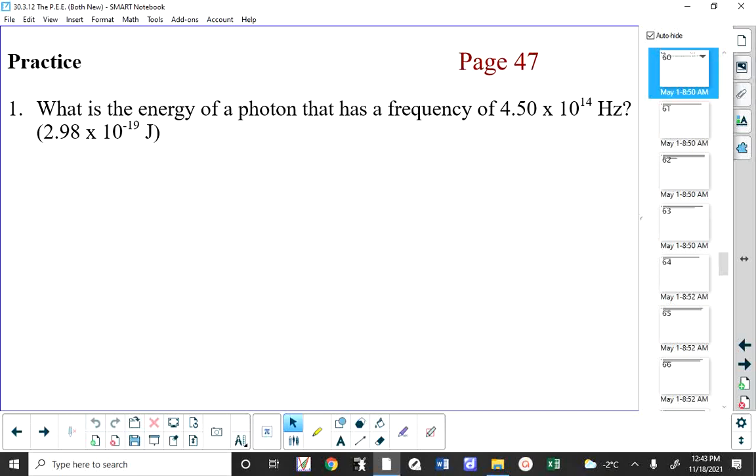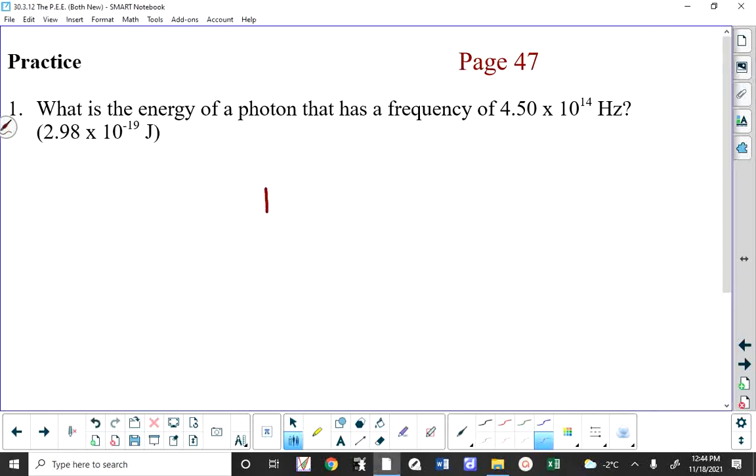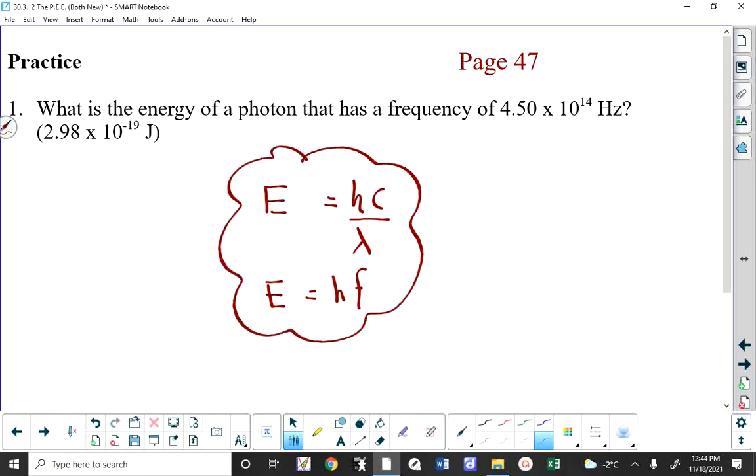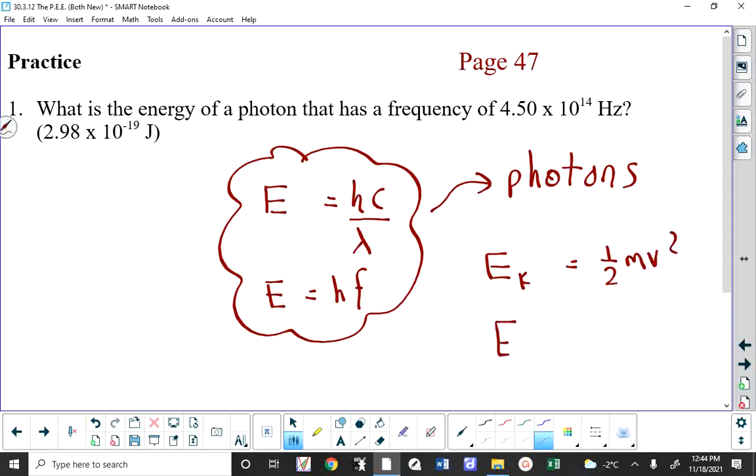In terms of formulas, you've got all these formulas swimming around in solving these problems. You have energy equals hc over lambda, and energy equals hf. These two formulas are very specifically designed for photons. You also have Ek equals a half mv squared, and Ek equals qV stop.